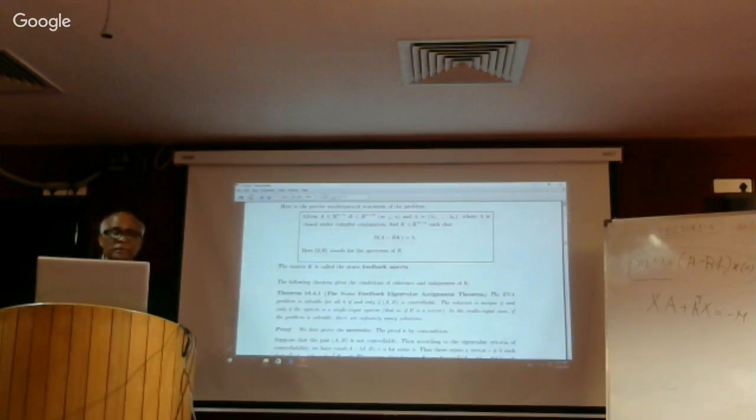In the multi-input case, if A is controllable, the problem is solvable, and there are infinitely many solutions. So the multi-input case is more important, since with infinitely many solutions you can choose some solution to do many other things. But in the single input case, which is classically done, it is fixed. Your feedback matrix is unique. Not the matrix, it is the vector.